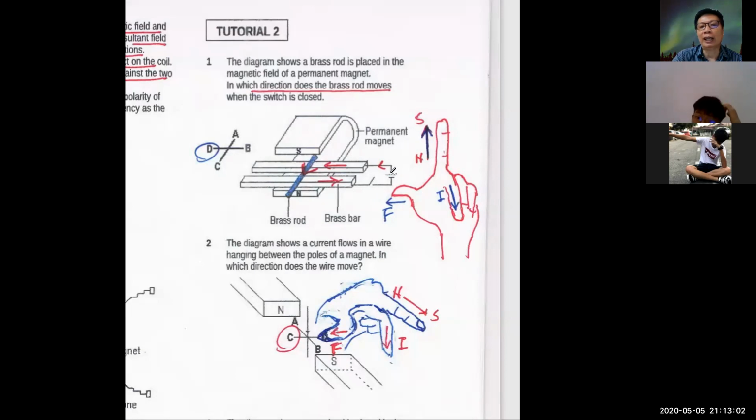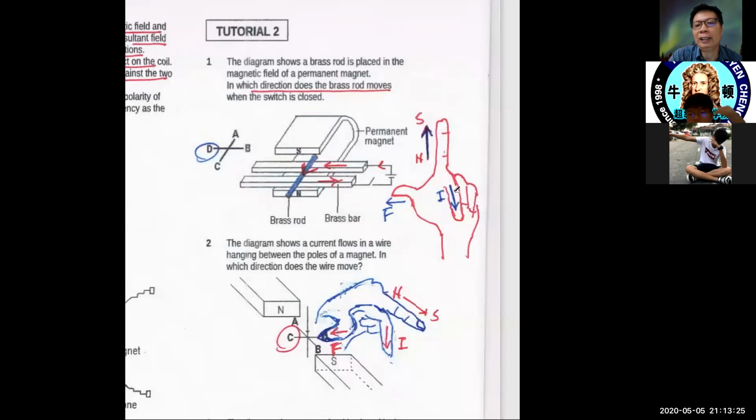First, you must follow the direction of current. If positive, you come up here, flow, follow this wire, cross over, then go back. Then the magnet, given this one is north, this one is south. So for this question, you can follow like just now. First finger points up, north to south, right?